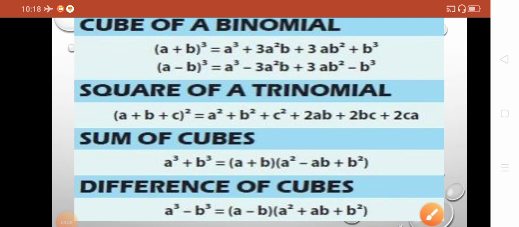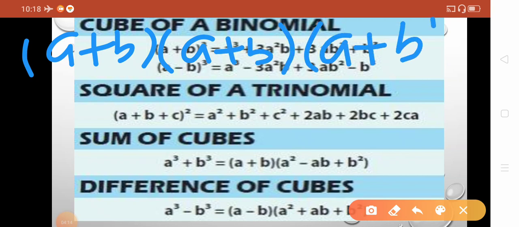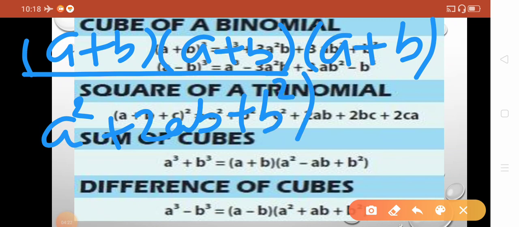You can verify this by opening the formula as (a plus b)(a plus b)(a plus b). So (a plus b) whole square opens as a square plus 2ab plus b square, and it is multiplied by (a plus b).